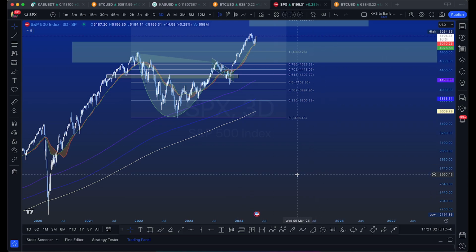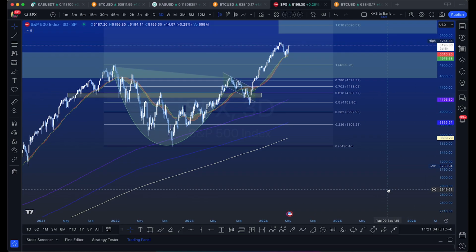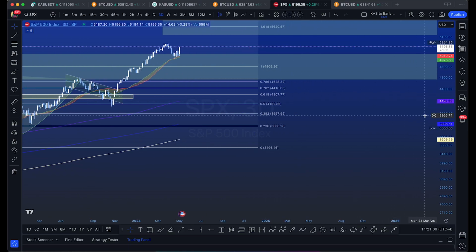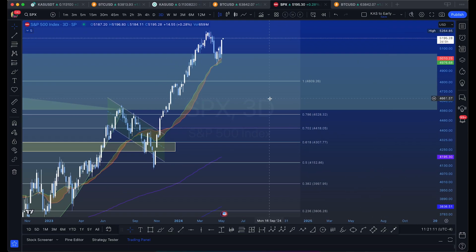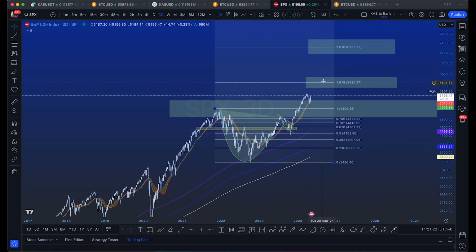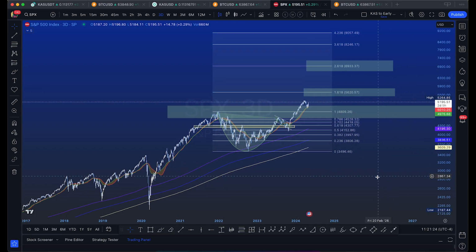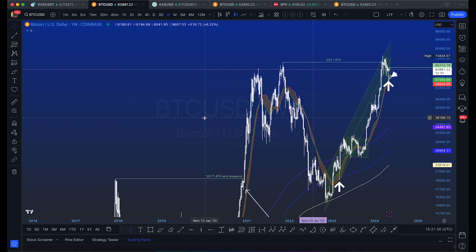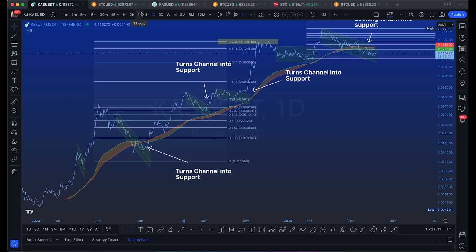And what's interesting here is that it is backtesting the 20 and 21 week SMA, like a pinpoint backtest. And so this is kind of interesting. We'll see how this develops, but it's possible that this was the low before the S&P 500 reaches higher levels, higher Fibonacci extensions, in which case that is going to be very, very good for Bitcoin. It's going to be very, very good for Kaspa.